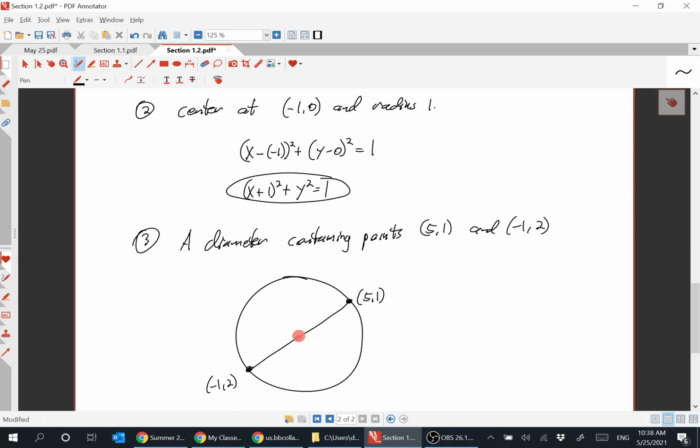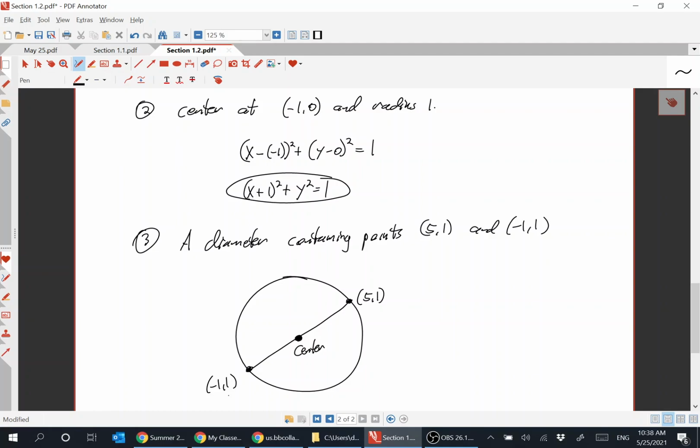So how would I find the center? I've got this diameter containing these two points. How do I get the center of the circle?